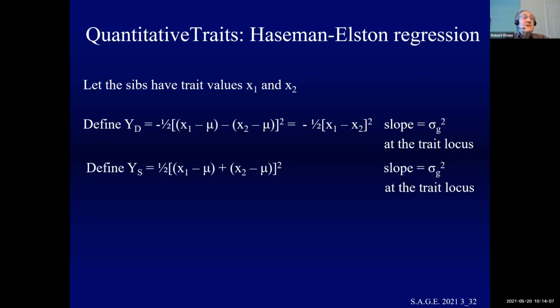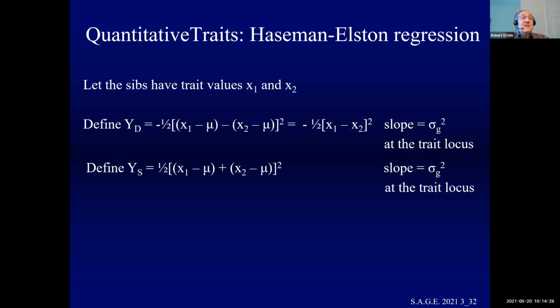Now, YD is the Y for the difference. Now let's do YS, Y for the sum. This is exactly the same, but instead of a minus in the middle of the square term, you have a plus. This has exactly the same slope at the trait locus.